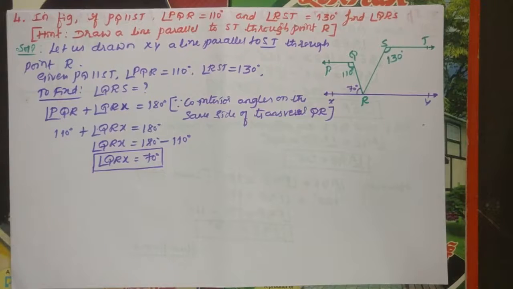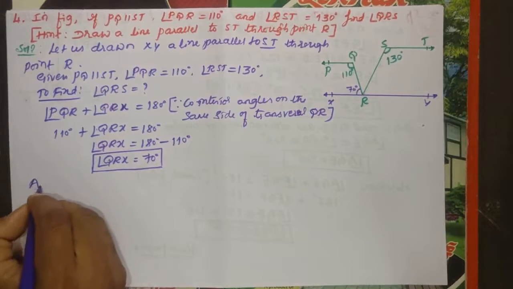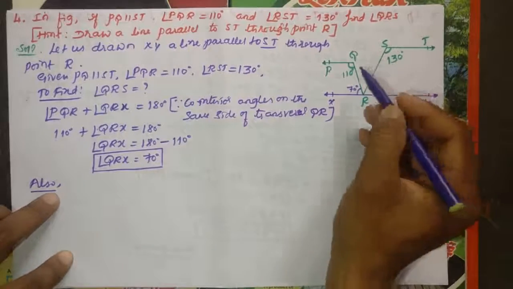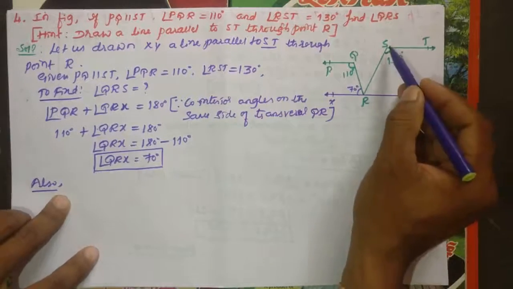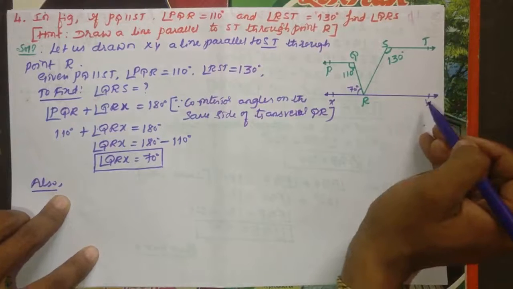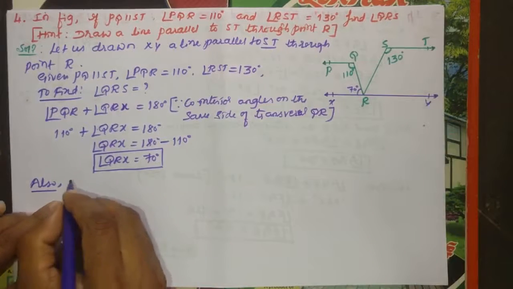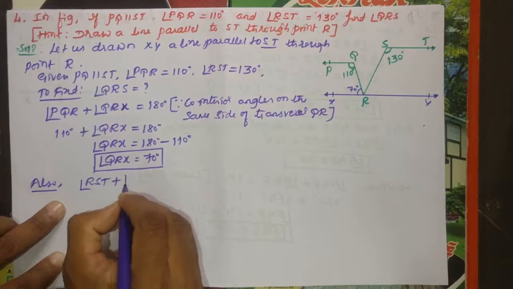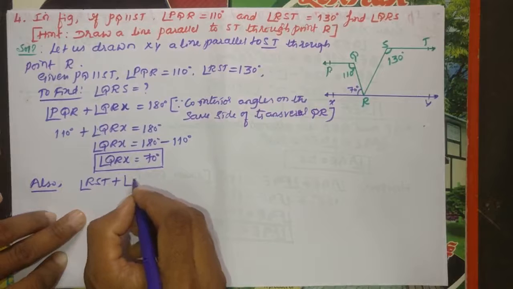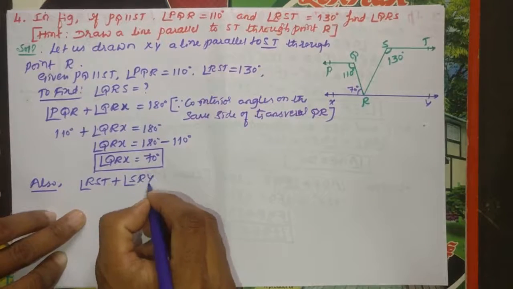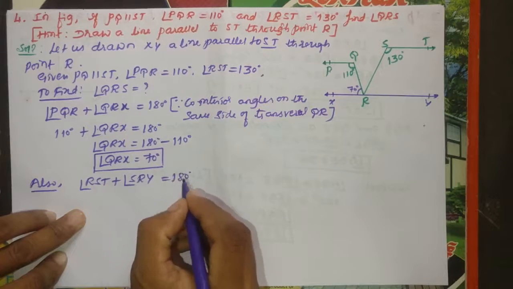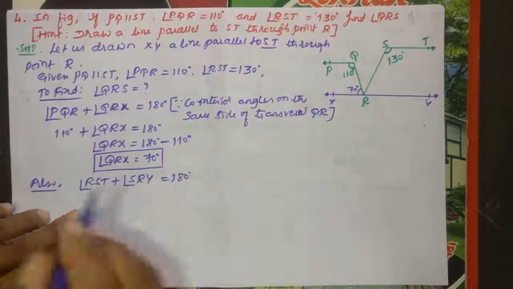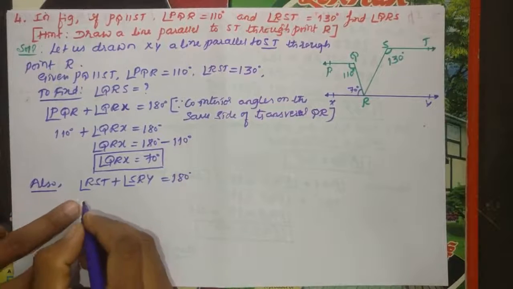Also angle RST plus angle SRY is equal to 180 degrees. This is also co-interior angles on the same side of the transversal QR. That's why I wrote it here.